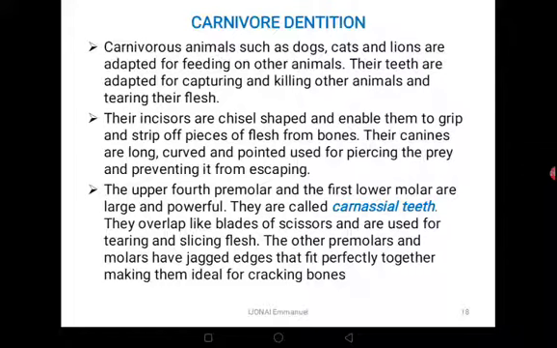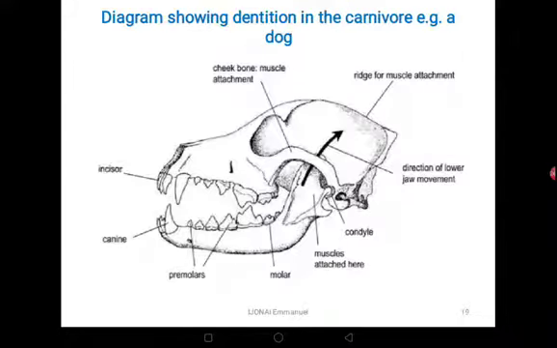So the carnivorous dentition generally is well adapted, with very sharp canines for tearing the flesh, and carnassial teeth which are harder and chisel-shaped for cracking bones and so on. These all are adaptations of the carnivorous animals to their mode of feeding.